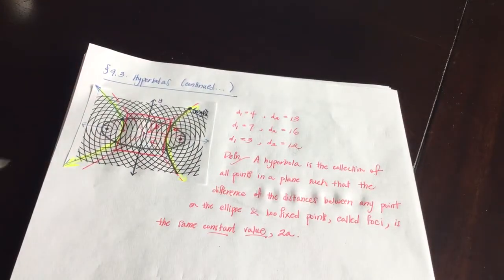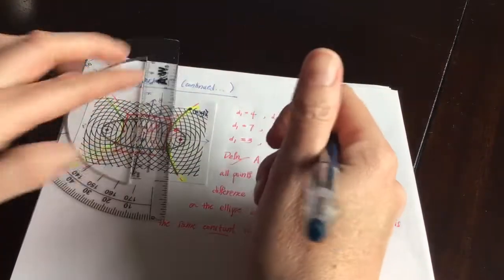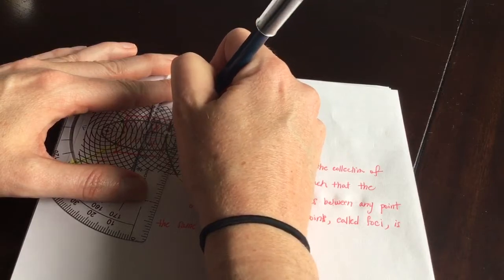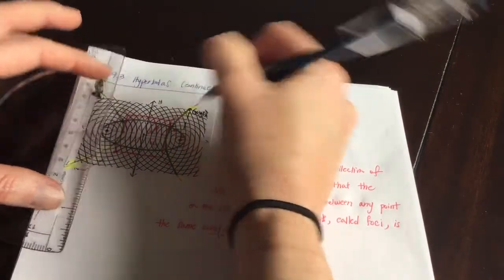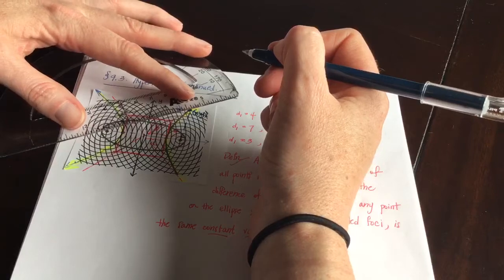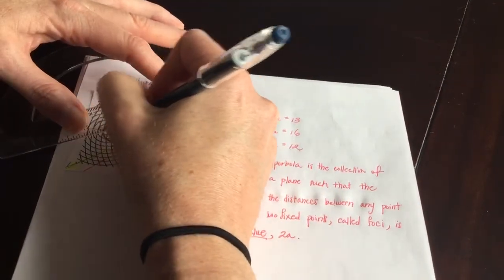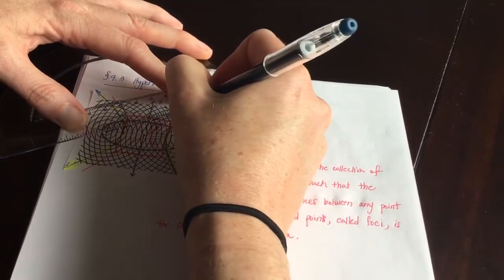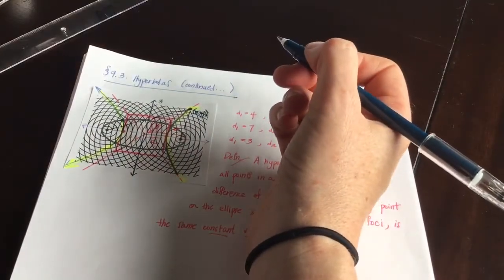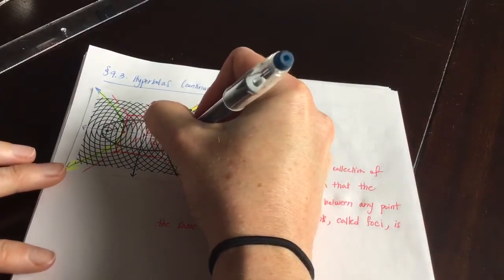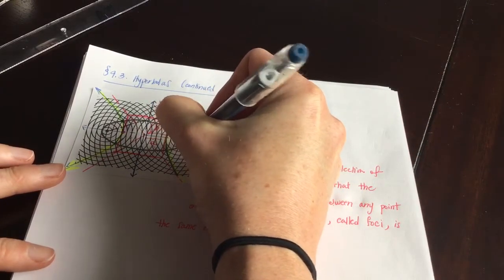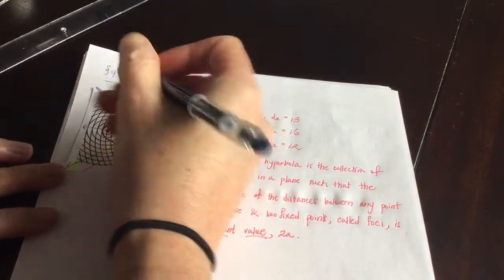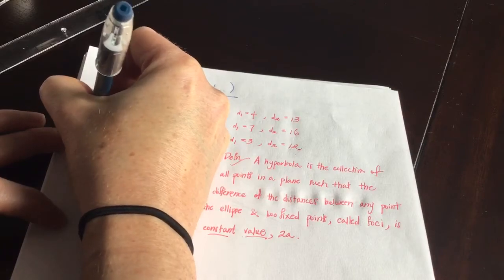Well, it is simply that the distance between XY and one of your foci, and the distance between XY and your other focus, is always the same constant value. So what are the coordinates of this focus right here? They are C, 0. What are the coordinates of this focus right here? They are negative C, 0.